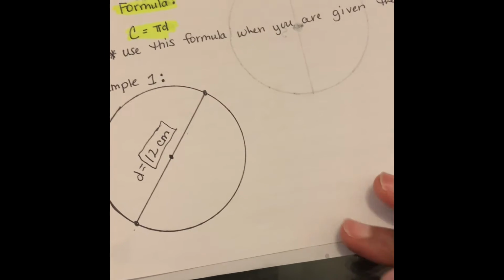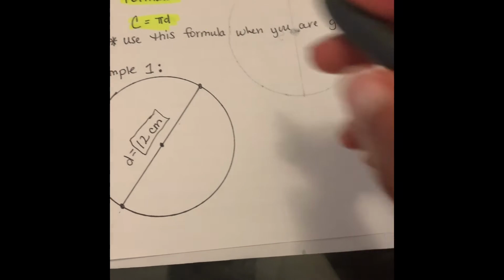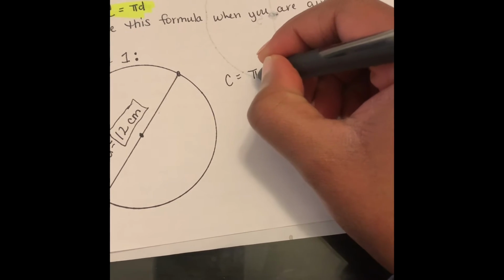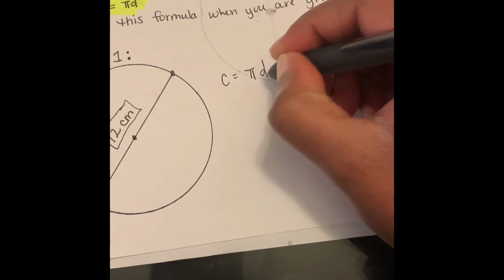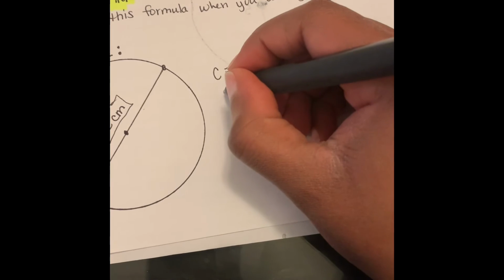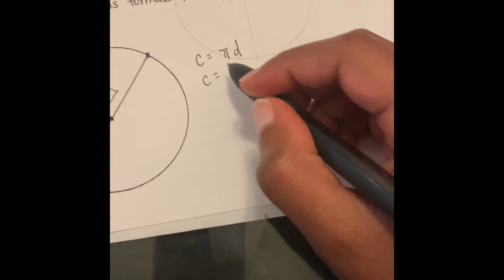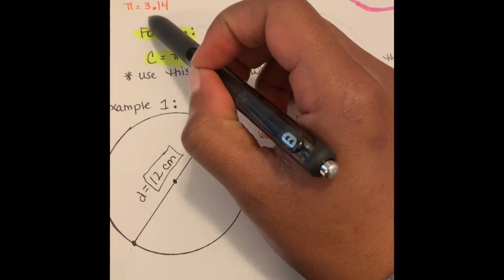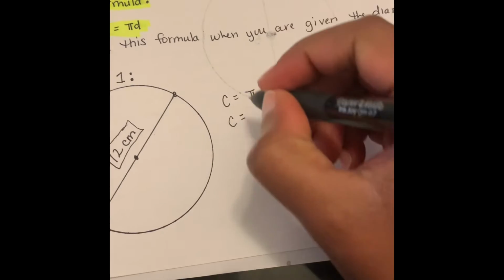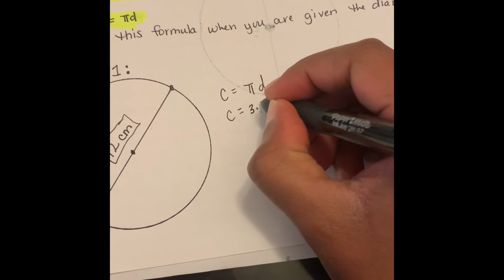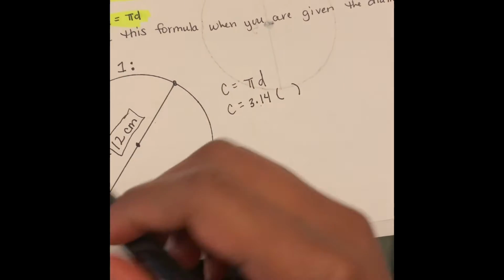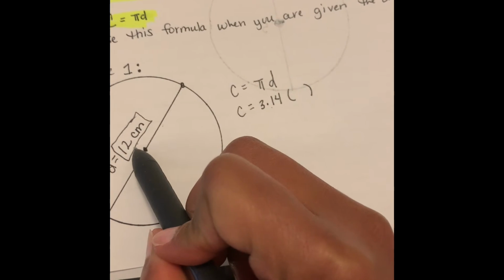My formula for circumference is C is equal to pi times D. Remember up here I said pi is equal to 3.14. So instead of writing pi, I'm going to say 3.14 times, if I look at my circle, the diameter is 12.